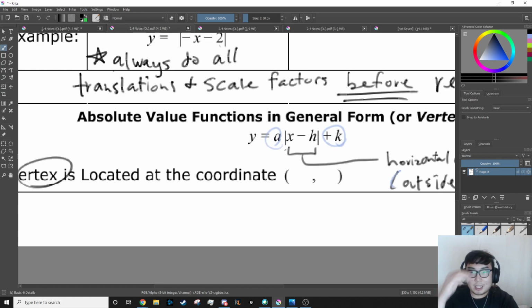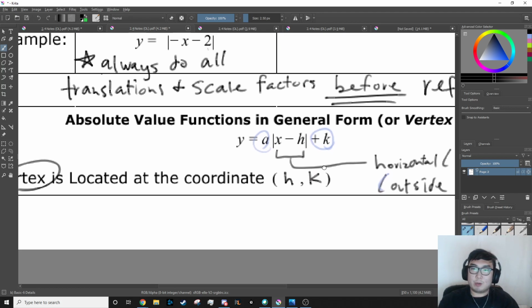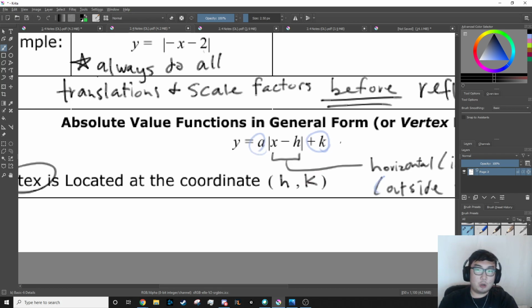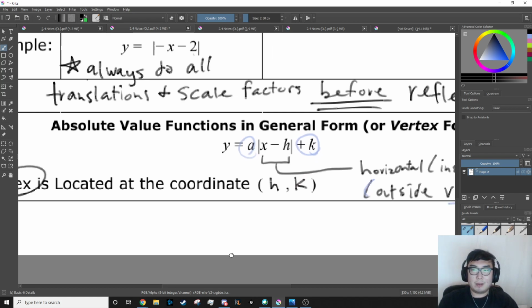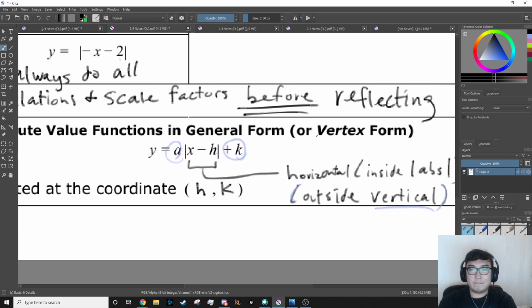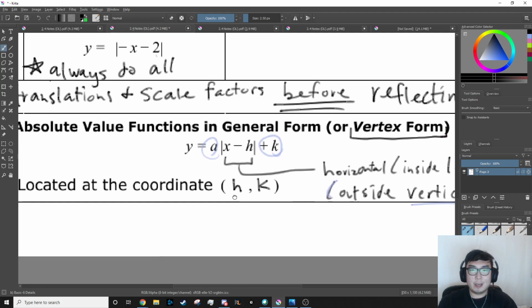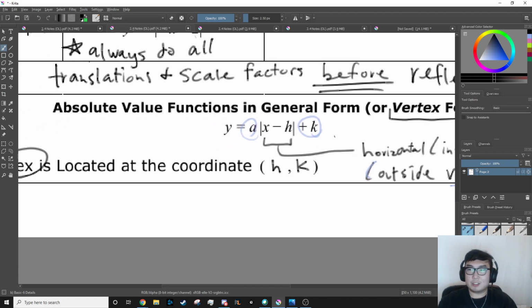It tells us in this equation right here, which is h, k. And that's why this form is so good for you. You always want to have it in this form if you're going to be graphing it, because it is called vertex form. This is where the name comes from, because it gives you the vertex for free. You don't have to analyze it yourself.